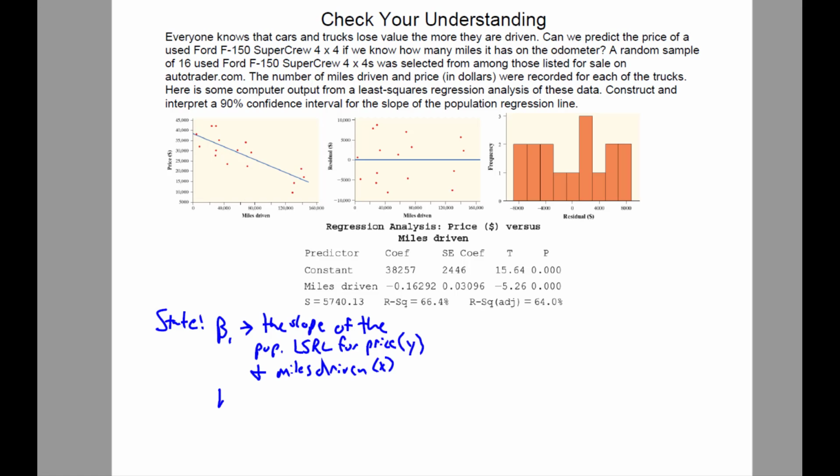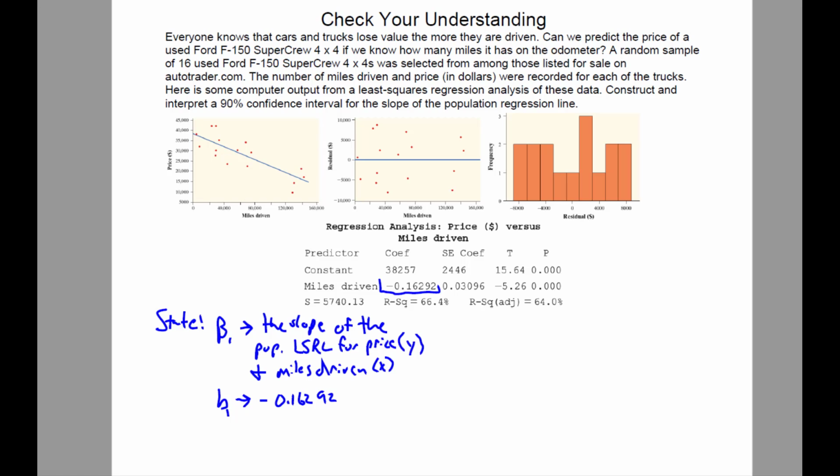So now our lowercase b subscript 1, in other words our slope, right? When we talked about this, our slope is always this value right here, under the coefficient, and then our context, which is miles driven. So our slope value is negative 0.16292.